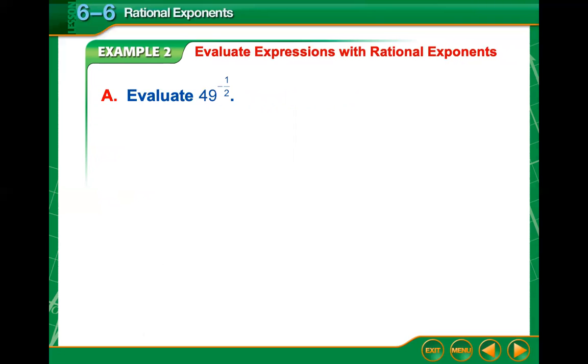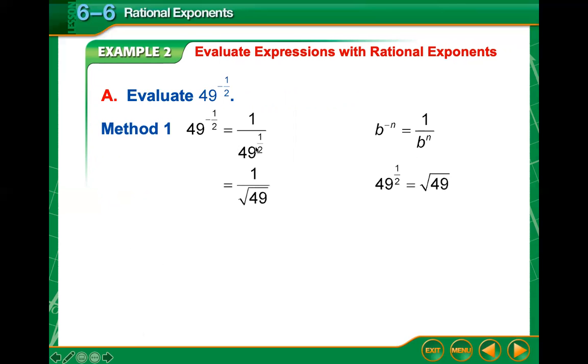All right, so we're going to evaluate 49 to the negative 1/2. We have our first method, where we start simplifying using the properties of exponents and move this to the denominator. So we get 1 over the square root of 49. Well, the square root of 49 is 7, so 1/7. That is one option we have.